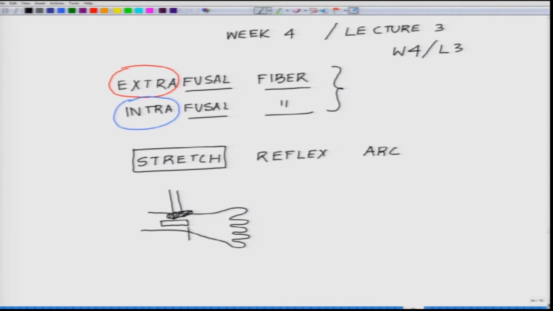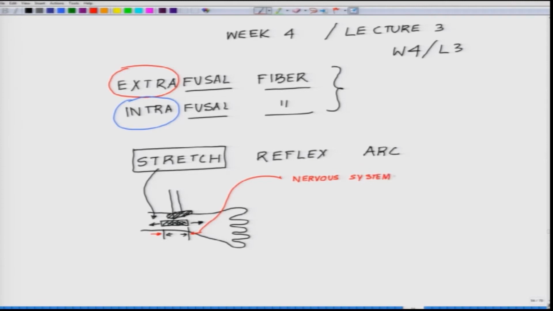So once I apply the force, if this is the area of my choice, there is a change in length, there is a stretch here. This is the stretch. This stretch is brought back to its original shape, and there is an involvement of the nervous system in bringing it back.